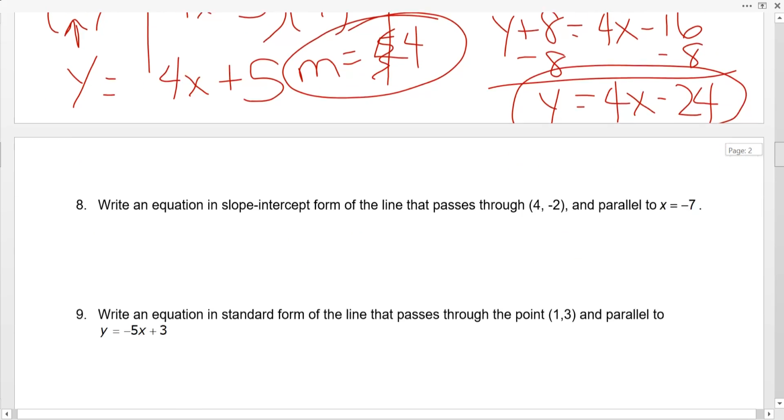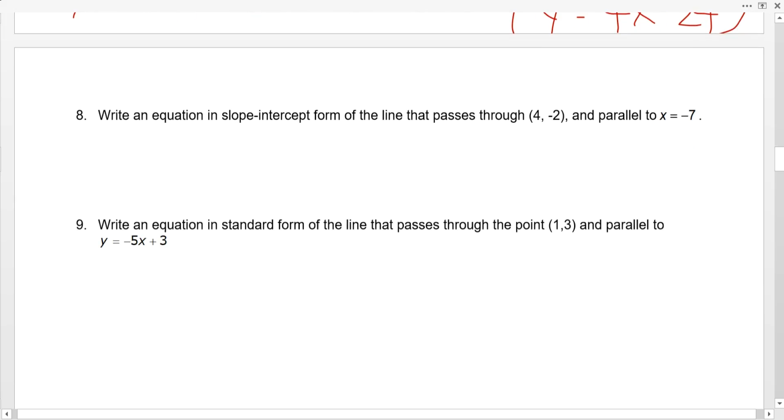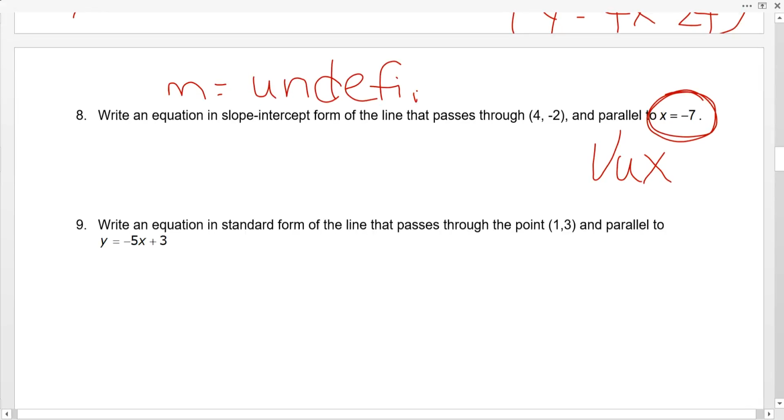Okay. So we're going to have another equation to write. Once I see this, I know that I've got the x. My slope is undefined. It's a vertical line.